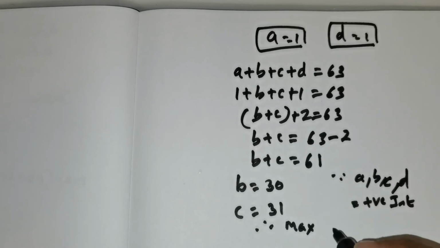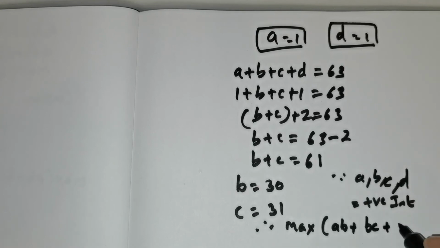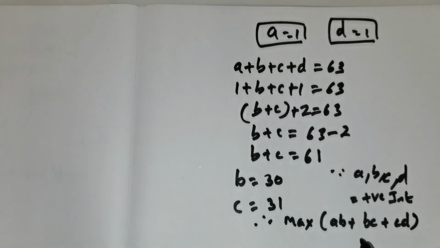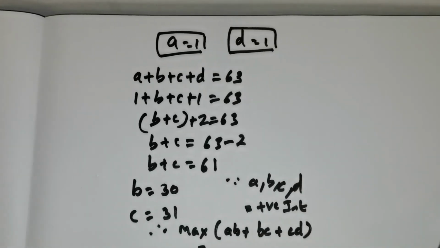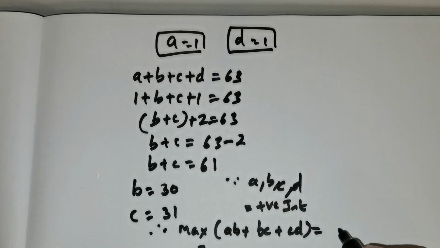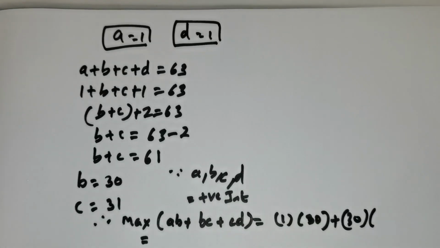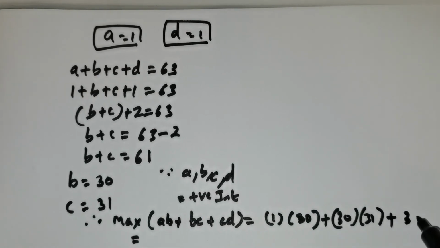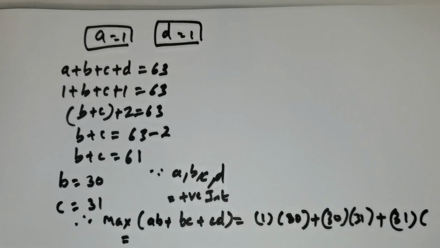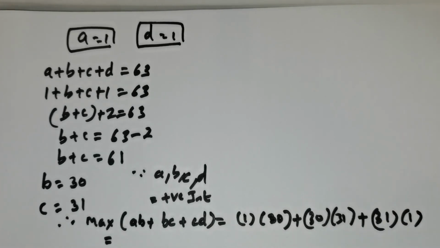For the maximum value of AB + BC + CD, this is going to be equal to, A is 1, B is I'm taking it as 30, C is taken to be 31, D is taken to be 1.